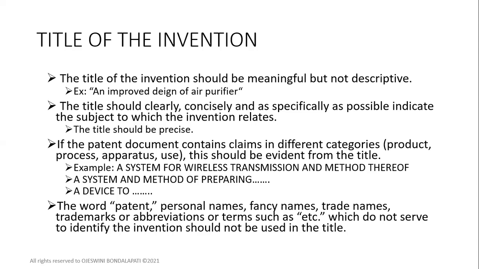Even in the entire document, if you have already registered a trademark name or kind of thing, don't give that trademark name, especially for pharmaceutical products. Don't mention the marketing name of the product. It should be the chemical name of your product.